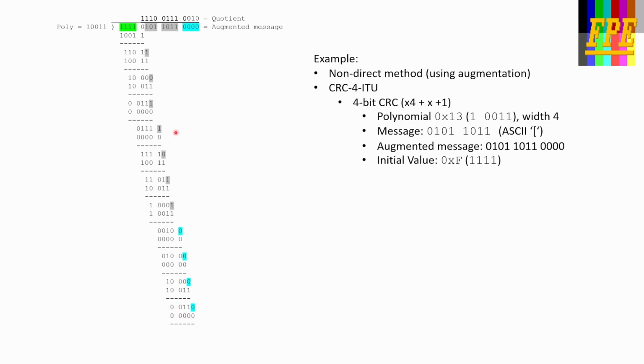So instead of exclusive ORing with the polynomial like we do for these other cases, this is just all 0, so you're going to get the same result through, again dropping off this initial bit, because we don't care about it anymore. And the remainder is what's left here, 0, 1, 1, 0, and that is the CRC. So in this particular example, that is the CRC for that one byte going through the algorithm.